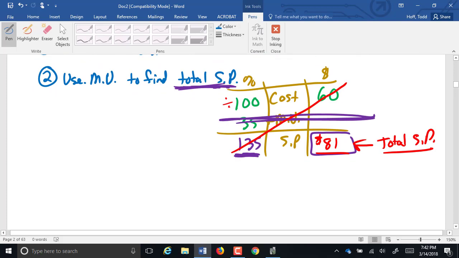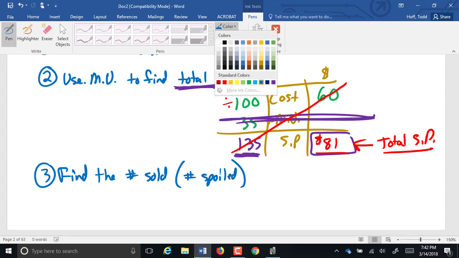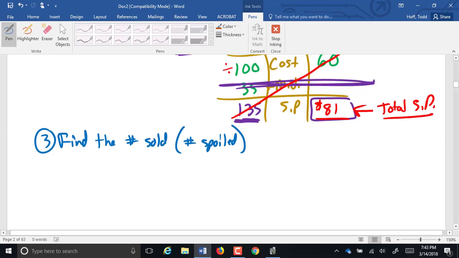Step 3, find the number sold. And in parentheses, I'm also going to put the number spoiled. Because right now we don't necessarily need the number spoiled, but in related problems that we'll do later, you might. So find the number sold. 200 were produced.